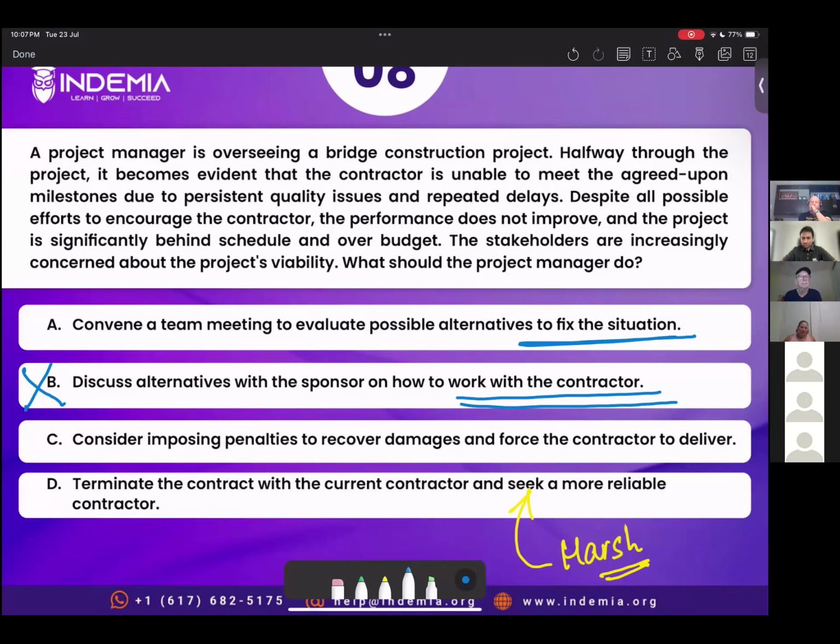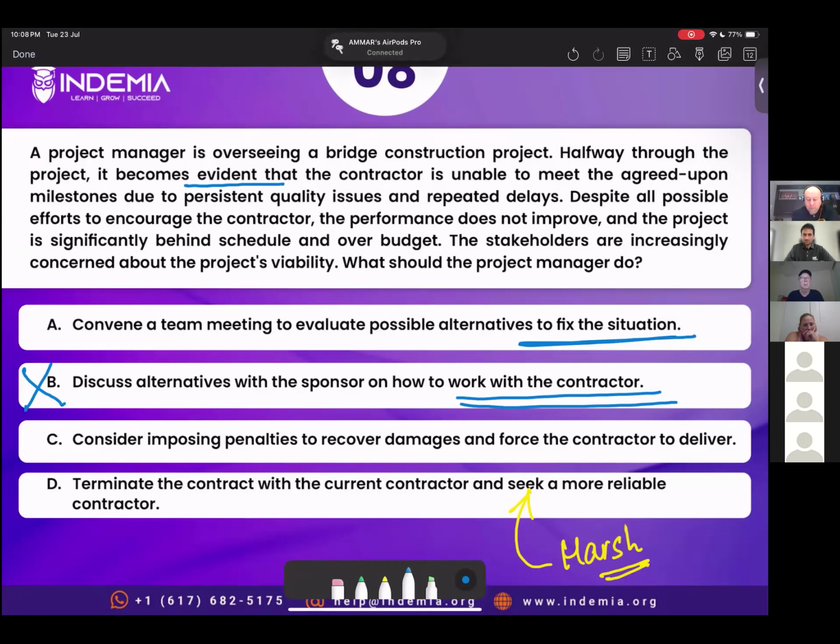All right, thank you for the detailed explanation. So let's read the question. It says a PM is overseeing a bridge construction project. Halfway through the project, it becomes evident. So this is the key word. It becomes evident that the contractor is unable to meet the agreed upon milestones due to persistent quality issues and repeated delays.